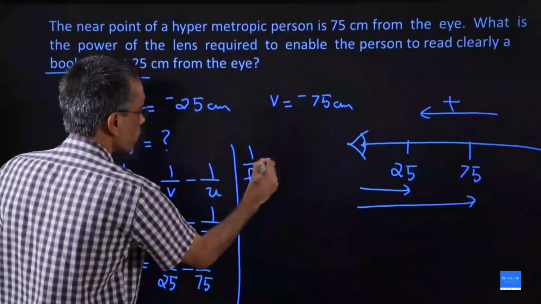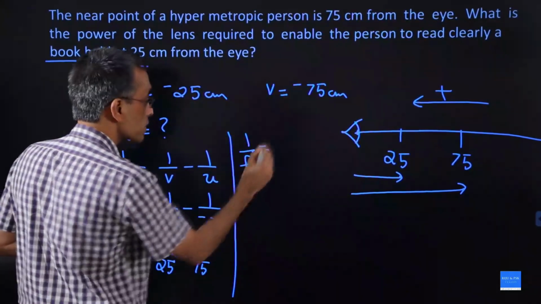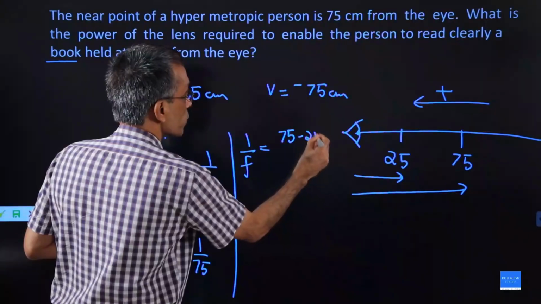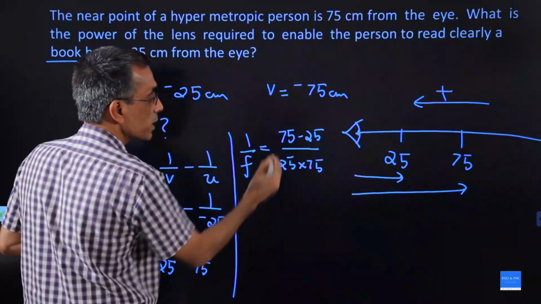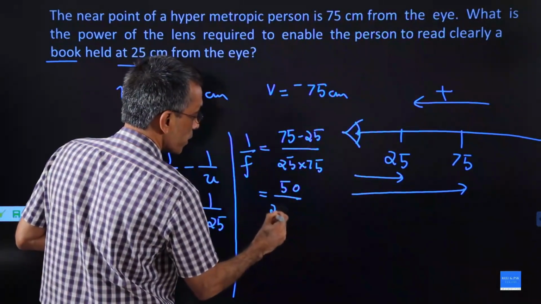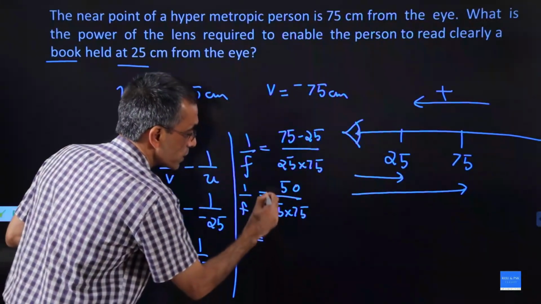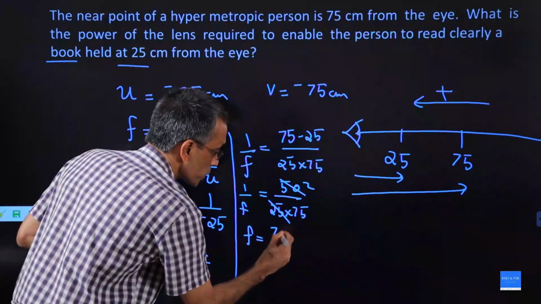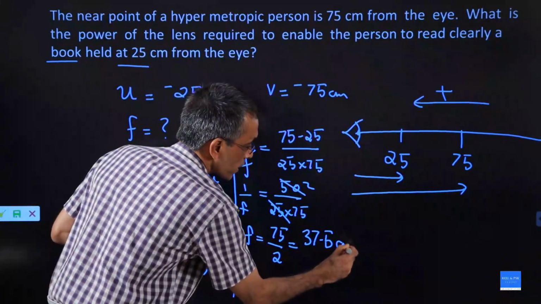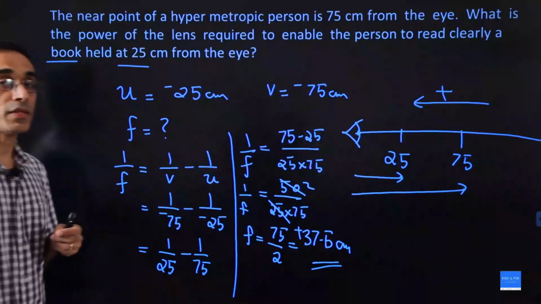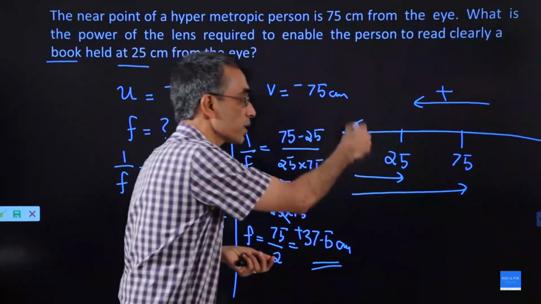So, we get 1 by f equal to (75 minus 25) by (25 into 75), which is 50 divided by 25 into 75. So, f is equal to 75 divided by 2, which is 37.5 centimeter. See, it is coming with a positive sign. It indicates that it's a convex lens. You also studied hypermetropia is corrected by placing a convex lens.